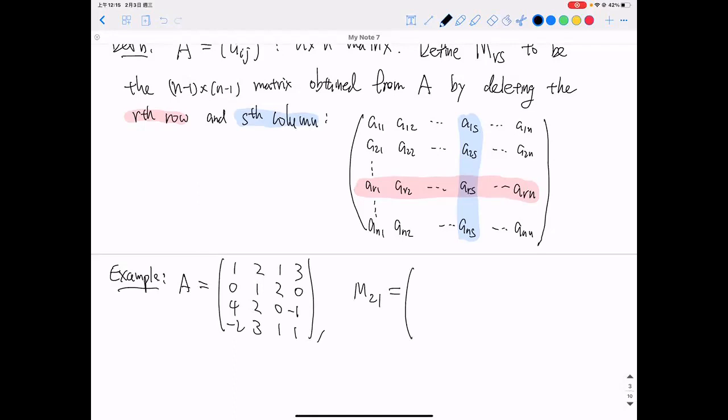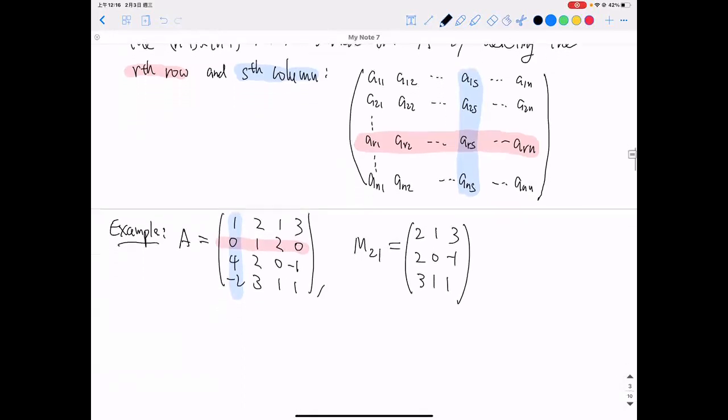How do I find M21? I'm supposed to delete the second row, so here, and the first column, so here. What's left is whatever is not highlighted. Okay, so this is M21.